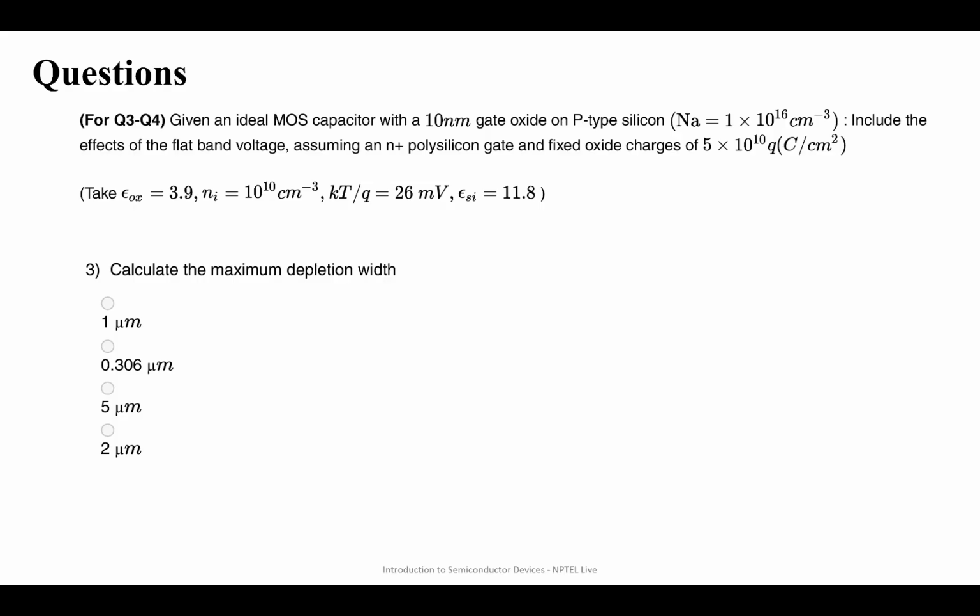Take epsilon ox equals 3.9, Ni equals 10 per 10 per centimeter cube, kT by q equals 26 millivolts, epsilon Si equals 11.8. Calculate the maximum depletion width: 1 micron, 0.306 micron, 5 micron, or 2 micron.